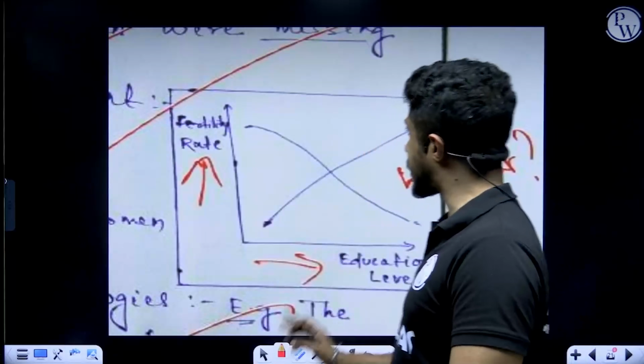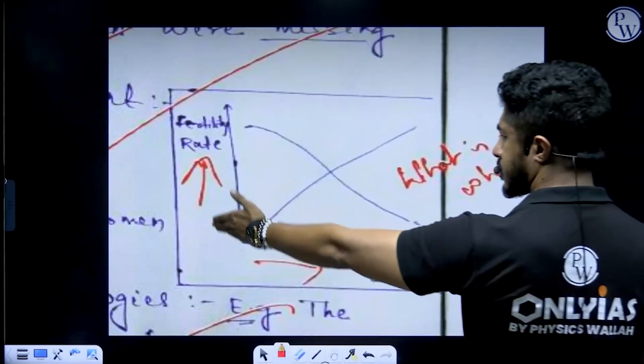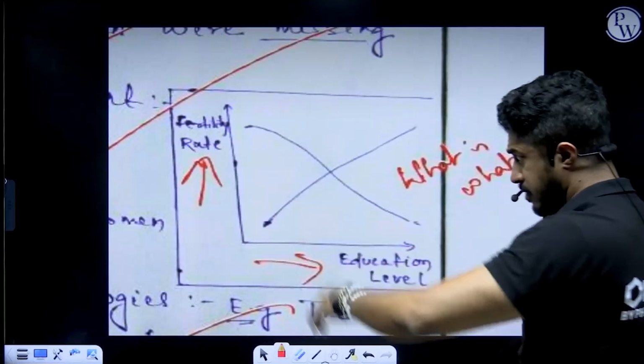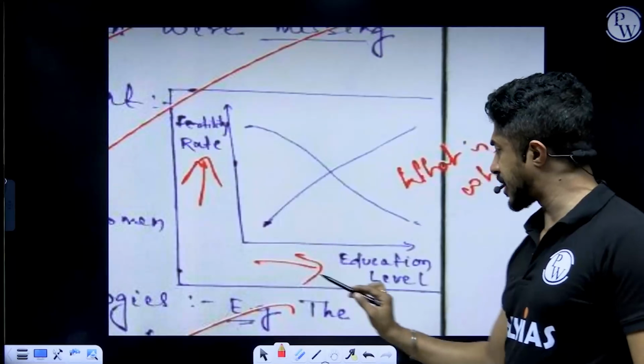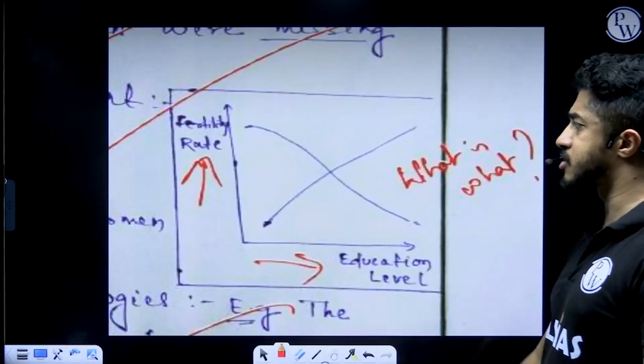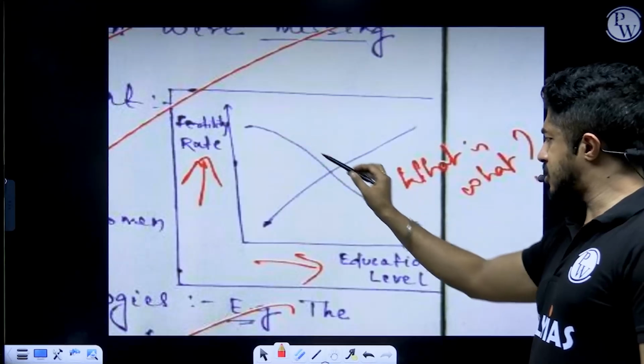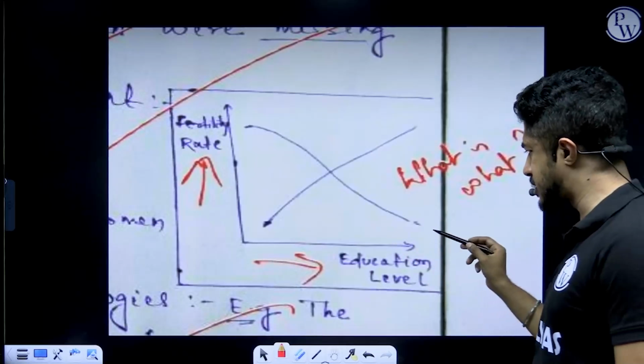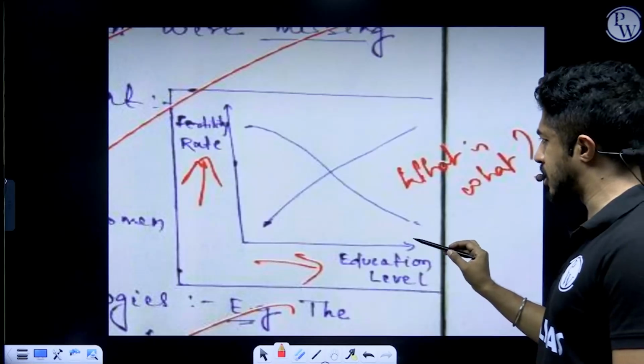Now look at this diagram here. Fertility rate, she has shown it as increasing. Oh, sorry, this is my marking here. Fertility rate she wrote. Education level she wrote. Fertility rate she is showing as, I don't know, declining. From high to low it is declining as education is increasing.